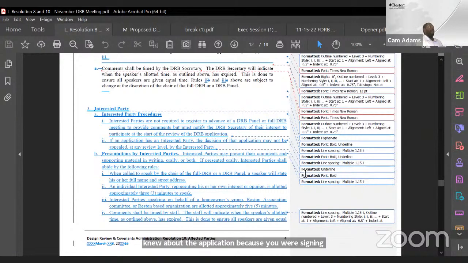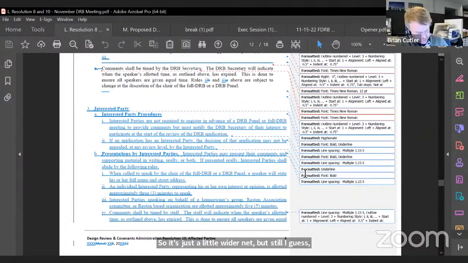And we are now being a little bit more flexible and saying, if you find out about it, maybe Jane and Joe are talking by the mailbox and they share that their neighbor is doing something, it still gives them the opportunity to participate in the review of the application. So it's just a little wider net, but still meeting the letter of procedure.